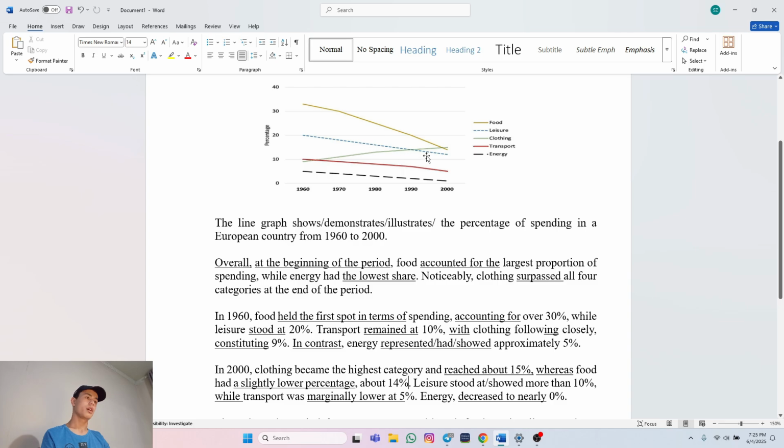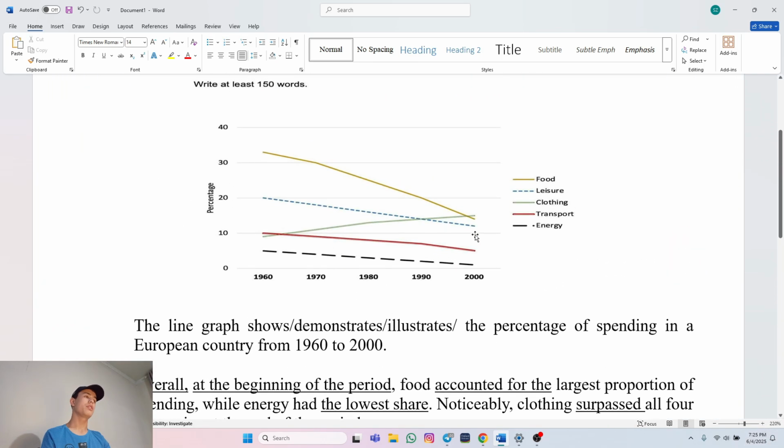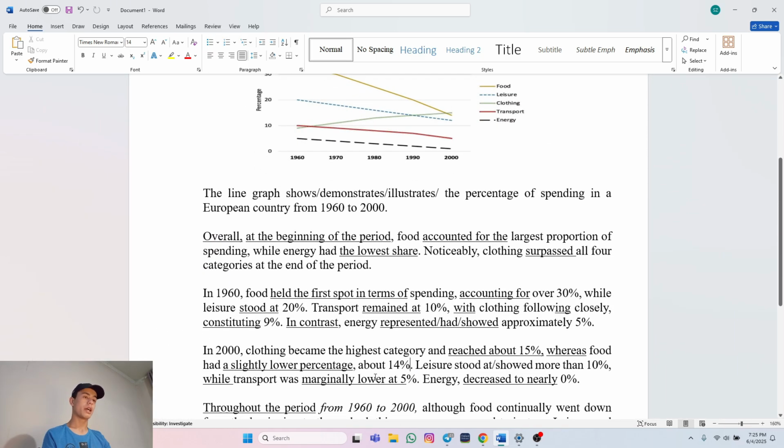Okay, in this year, leisure is standing at the third spot, so we are describing it in the third order. Like this one came first, food came second, and leisure came third.